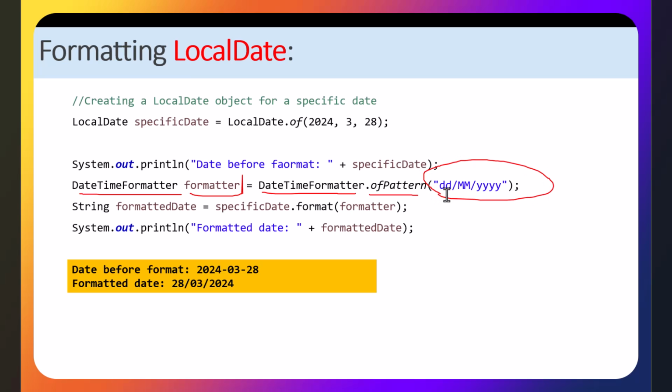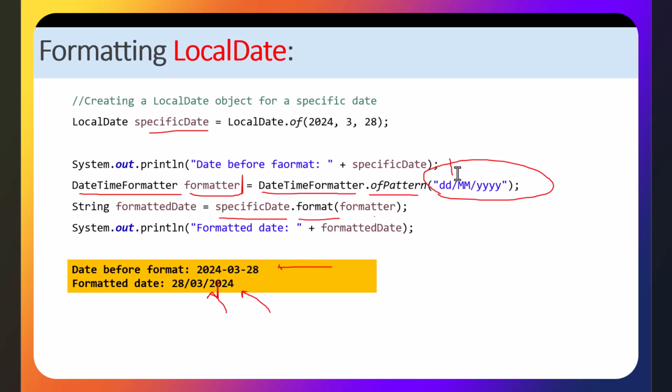See, dd means 2 digits for day, MM means 2 digits for month and yyyy 4 digits for year. Then you come and say the date object, like specific date, dot format, and provide the format with the formatter. So this date now is going to be exactly this format. See the output here. Before format, this was the date, and after format, this is the date.